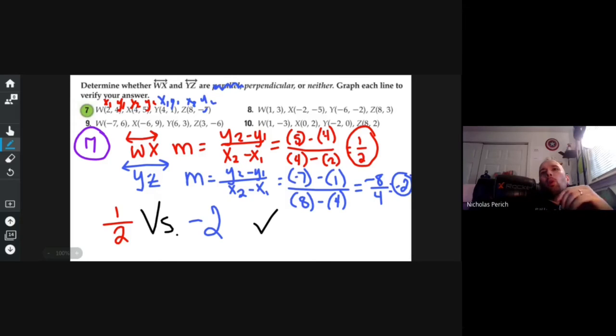And here come more answers. Well, end poll. And 5 out of 12 of you got it correct. So perpendicular.